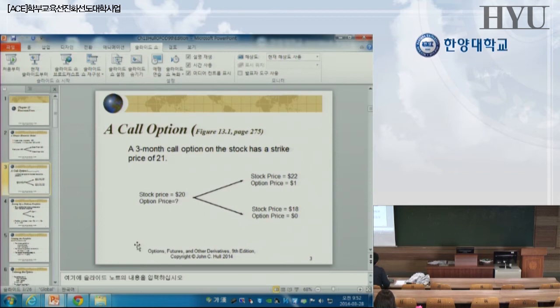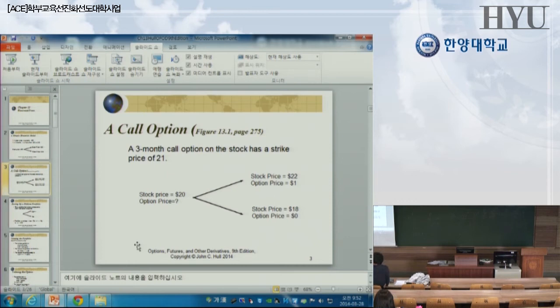Therefore, if stock price becomes $22, we can buy a $22 stock by paying just $21. So I earn $1.